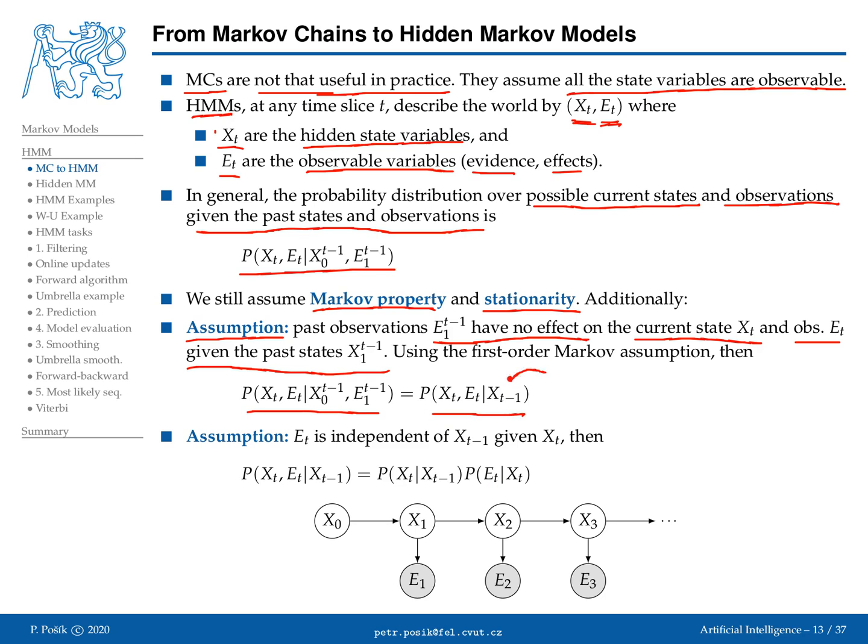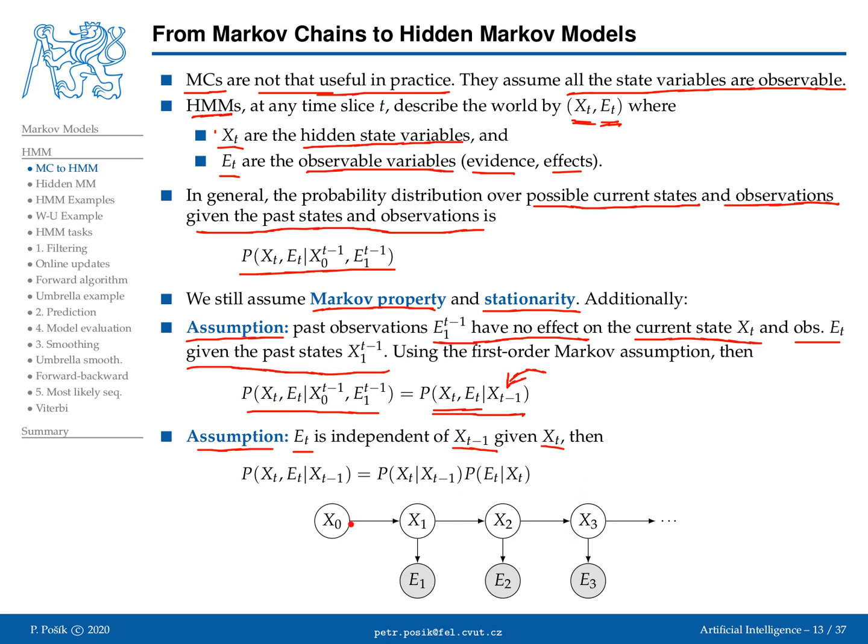Knowing this one previous state cuts out all the other dependencies that could have been there. Only this previous state matters in determining the current state and current observation. And we also use another assumption, which means that the current observation is independent of the previous state if you know the current state.